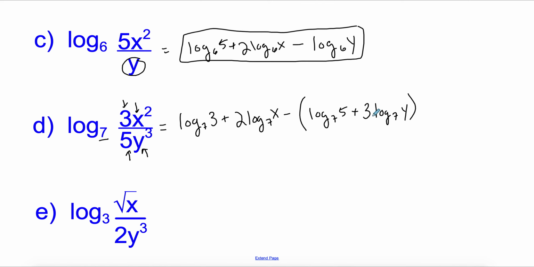And I can't leave this like this. If I want it expanding completely, I can't have a negative in front of parentheses because we have to take the negative and multiply it through the parentheses.